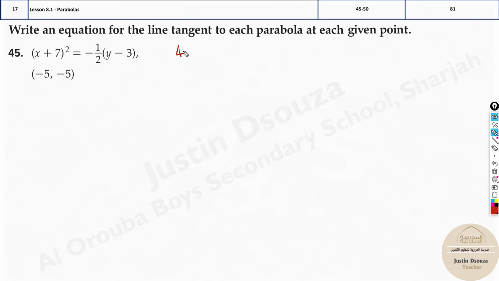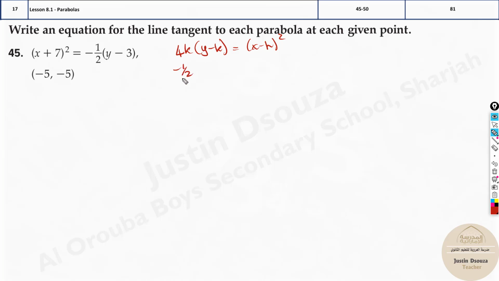It'll be 4k into y minus k equals x minus h the whole square. This is the standard form. I always write 4k first, and the square always to the right side. You can follow this or you can stick to this itself. But here it's already in the standard form, so you don't have any problem.